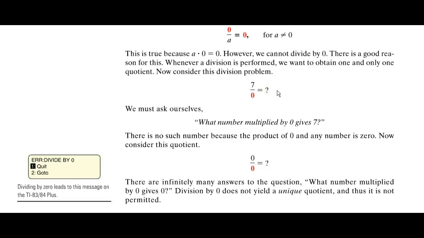And we say, what is that? Well, this is a unique quotient, a unique division. And we say whenever you have this throughout the rest of the course that this is not the answer. 7 divided by 0 is not the answer. The answer is that it's undefined.